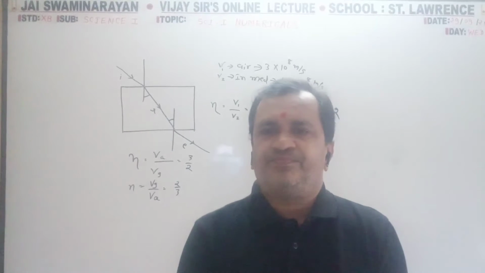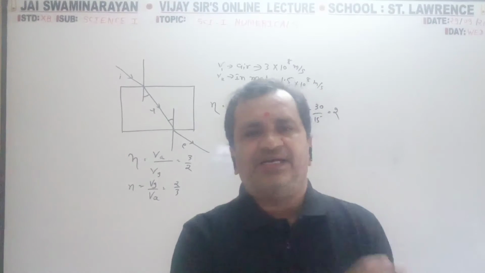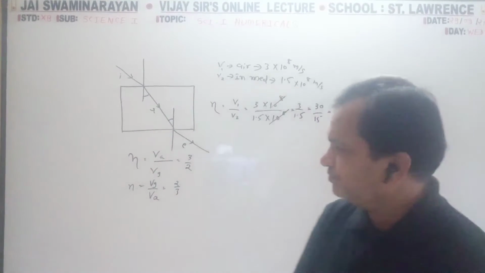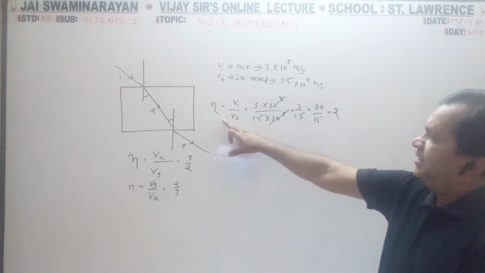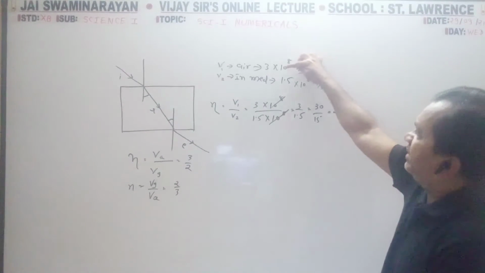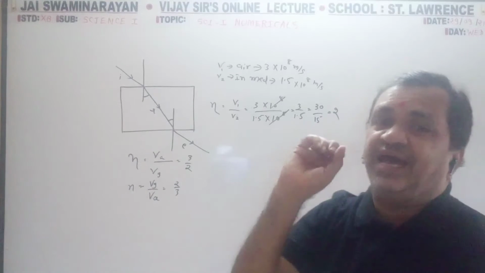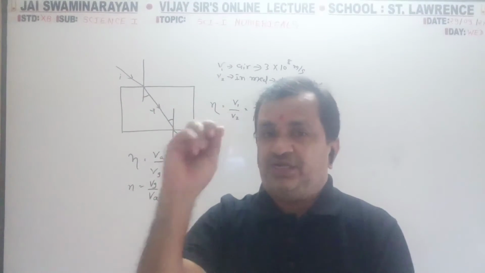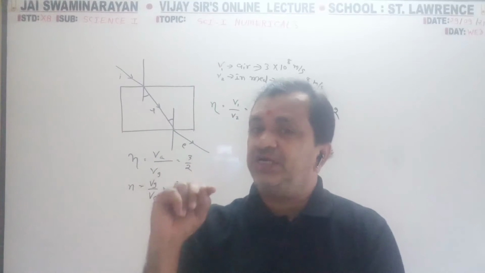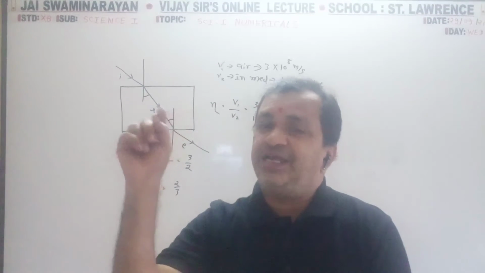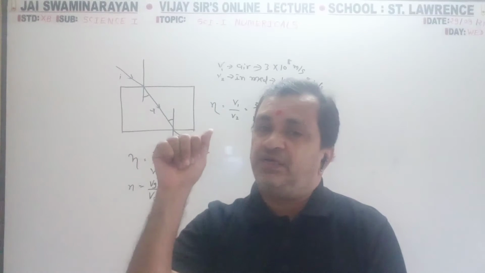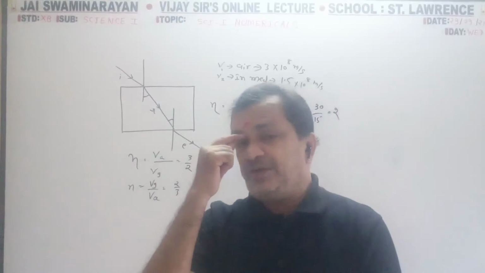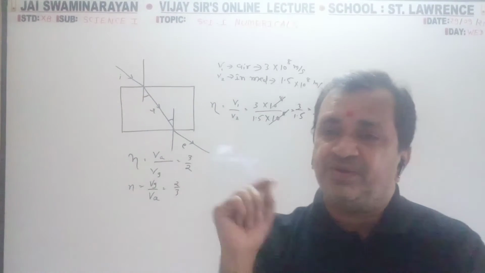One time I have asked the question: see here you can find the unit, speed of light in air, 3 lakh kilometer. I have written meter, so 3 into 10 raised to 8. In lakh, 5 zeros, but converting kilometer to meter adds 3 more zeros, so 5 plus 3, 8.